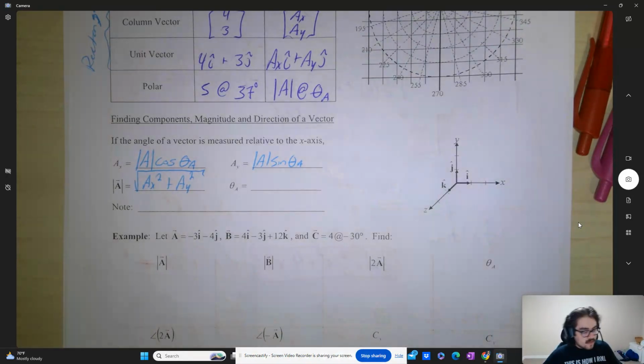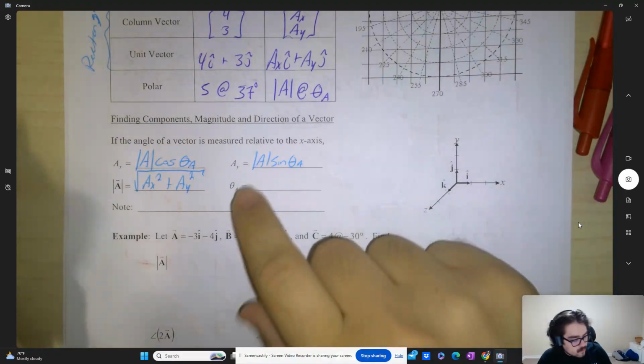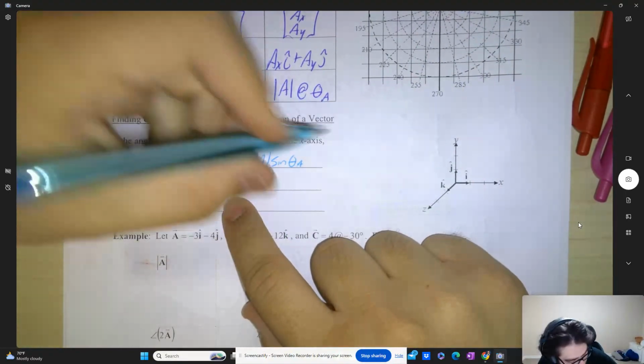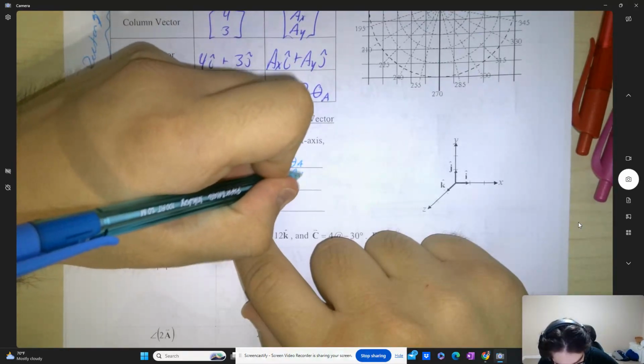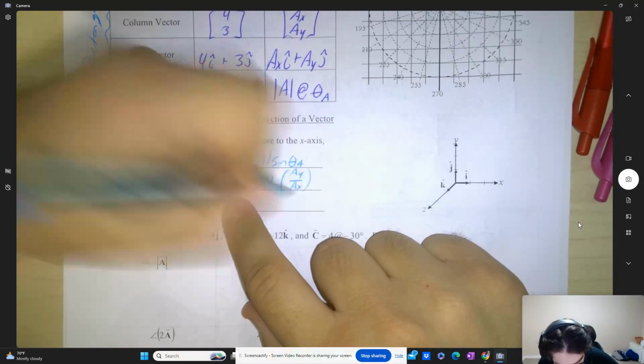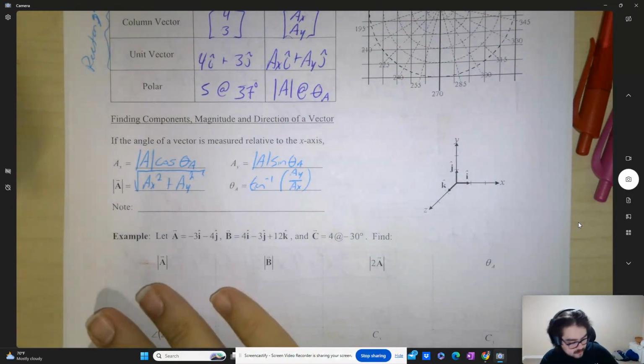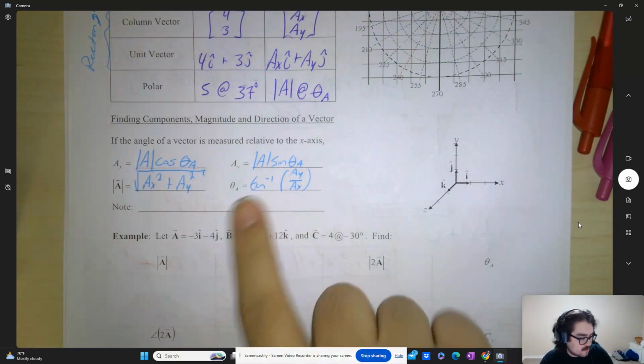To find theta, we would do the inverse tangent, or the arctangent, of the y component a sub y over a sub x. There's a really important note to make, especially for theta here.